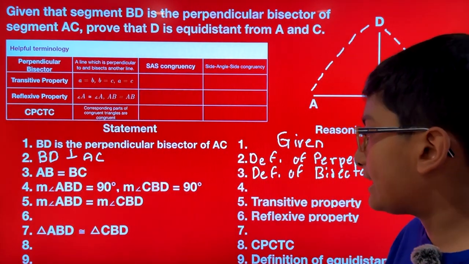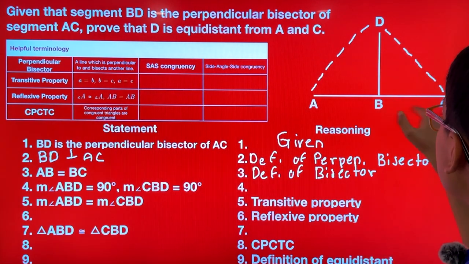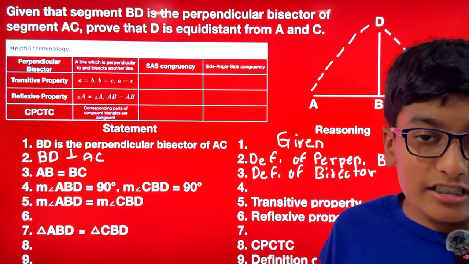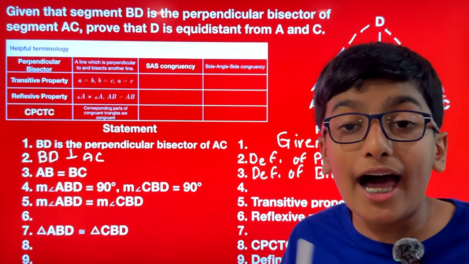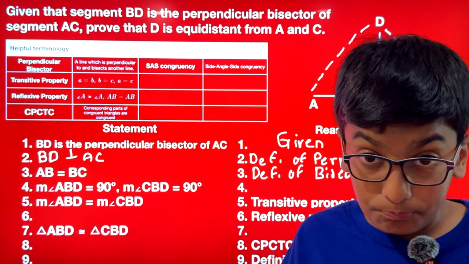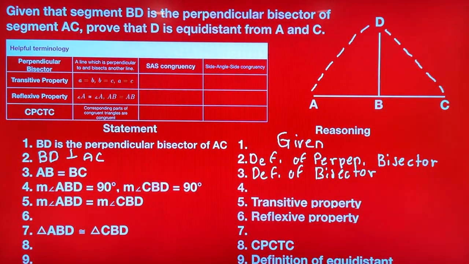Now we have that the measure of angle ABD is 90 degrees, measure of angle CBD is 90 degrees. As we discussed earlier, this would be because of the intersection of perpendicular lines. So, the reason here would be the definition of perpendicular lines.